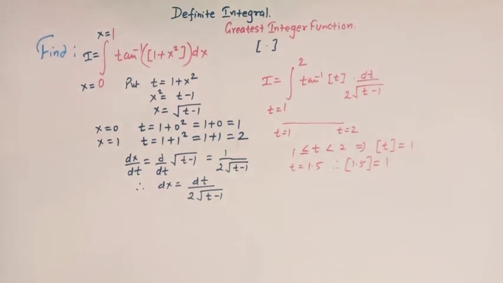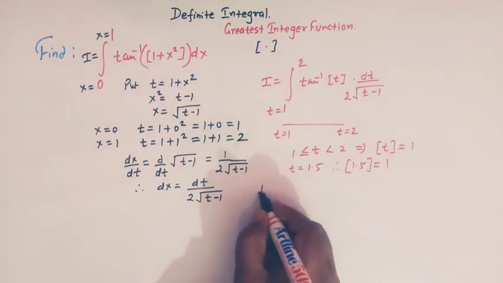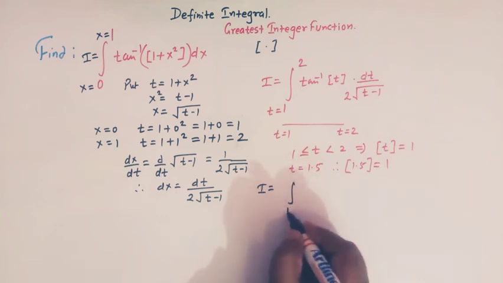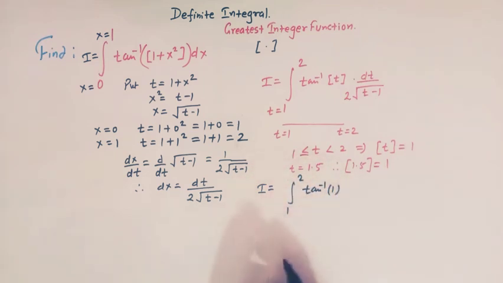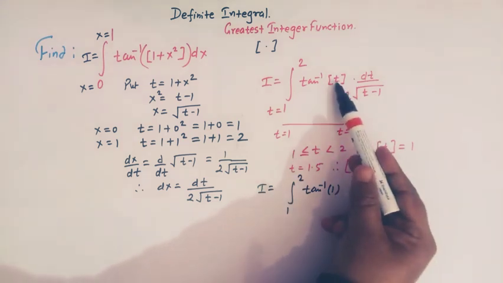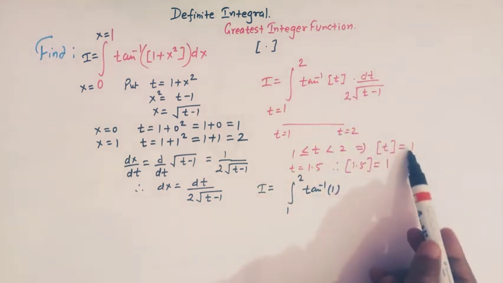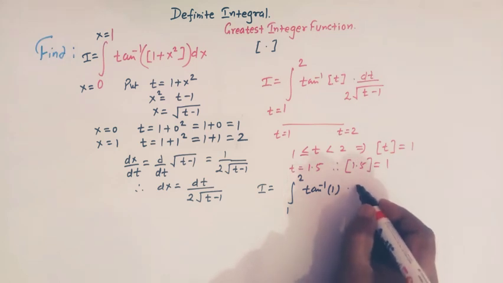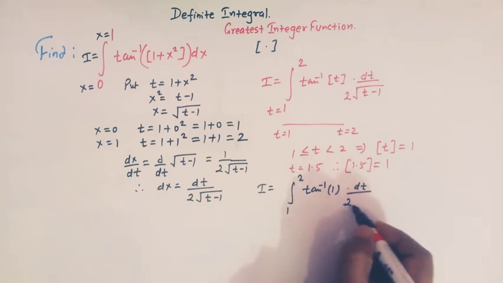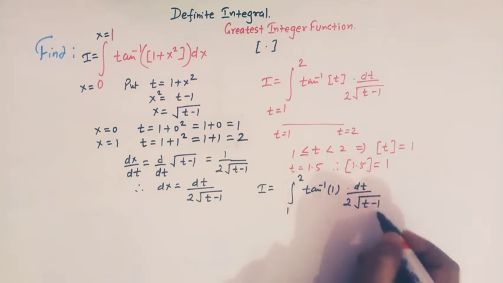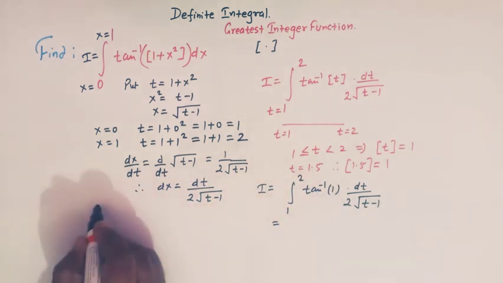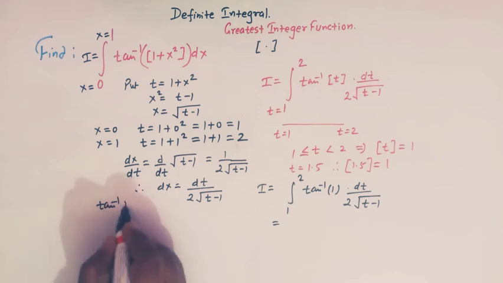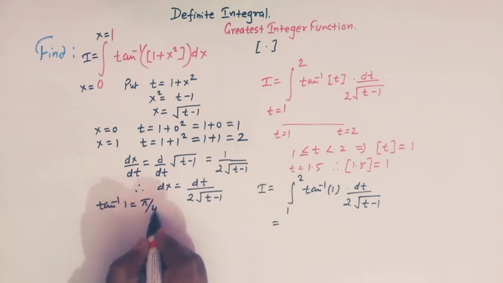So now when t lies between 1 and 2, the value of greatest integer t is equal to 1, and so our integral I becomes the integral from 1 to 2 of tan inverse 1, dt over 2 times square root of t minus 1. And from trigonometry we know that tan inverse 1 is equal to pi over 4.